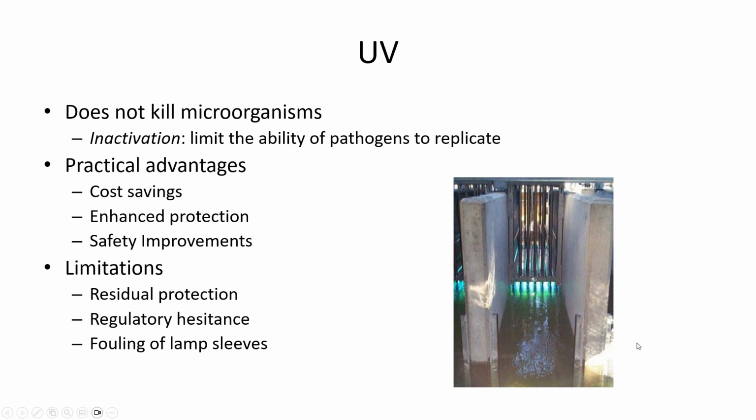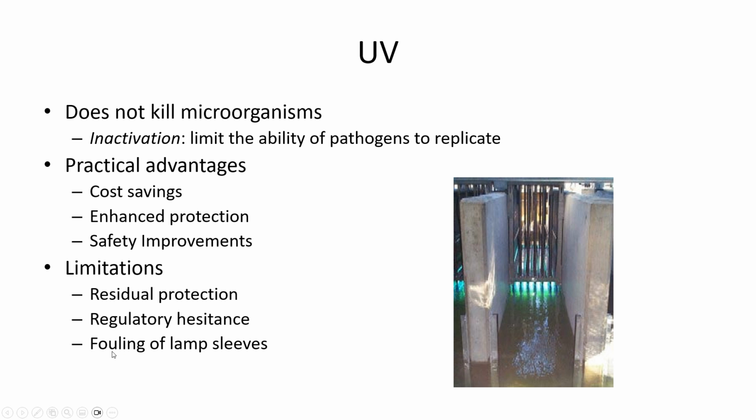But when water is flowing through a UV disinfection reactor, some of the water particles are close to the lamp, some of the water is far away from the lamp, and the further away it is from the lamp, the less UV exposure it's going to get. And so it's kind of tricky to calculate the average trajectory of all the particles that flow through a reactor, and trying to determine the dose in a UV reactor is a lot more complicated than just simply multiplying an average concentration times a reaction time.